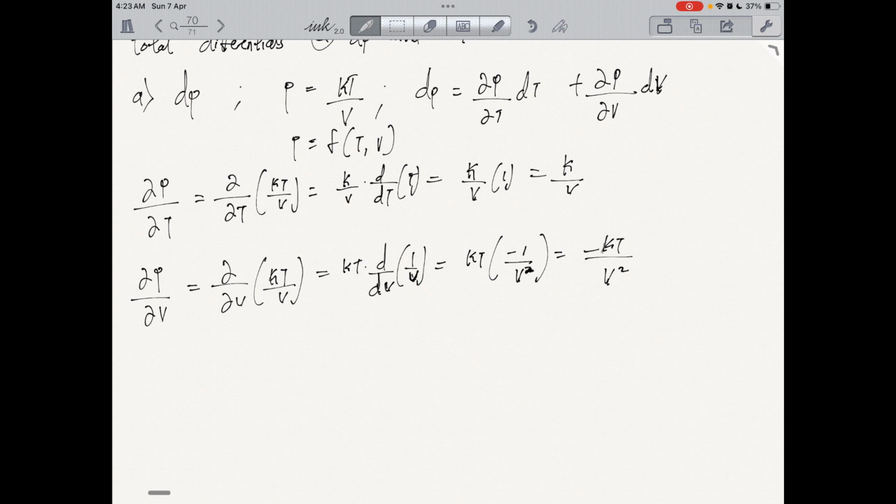Therefore, we can now evaluate our dP, which is the partial derivative of P with respect to T multiplied by dT, plus the partial derivative of P with respect to V multiplied by dV.